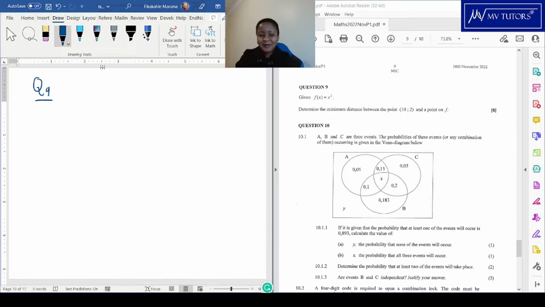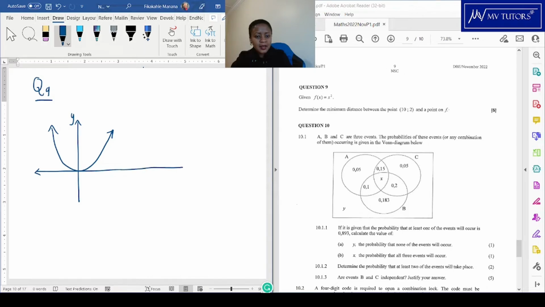Because math is fun. All right, so question 9, it says given we have f of x is equal to x squared. So we have a parabola. Now it says determine the minimum distance between the point (10, 2) and a point on f. So for all those visual learners, let's say you have your function, y is equal to x squared.